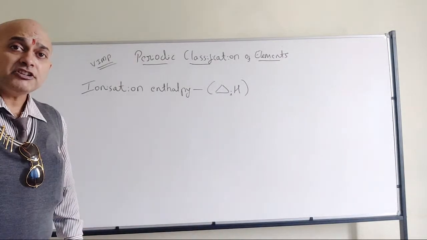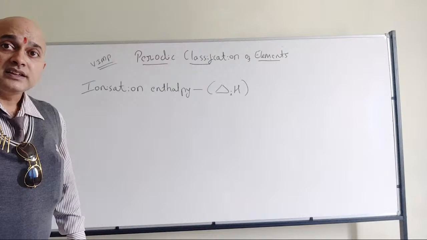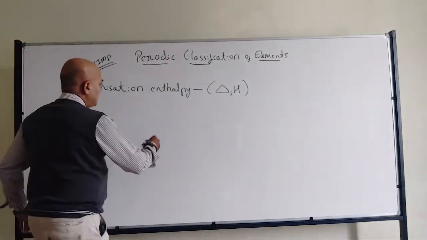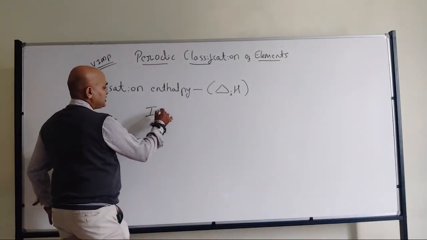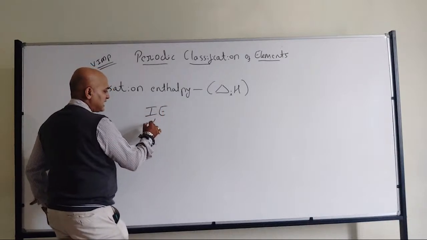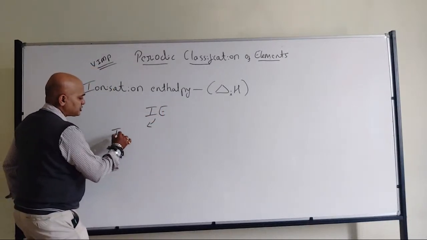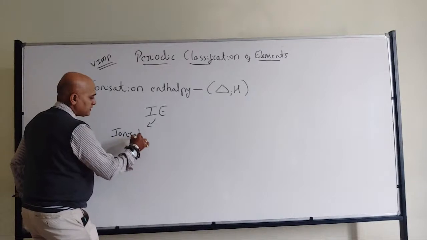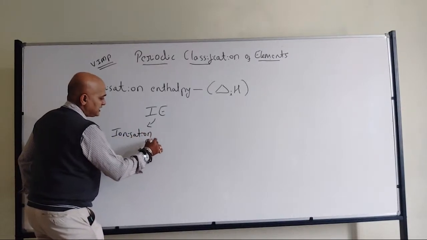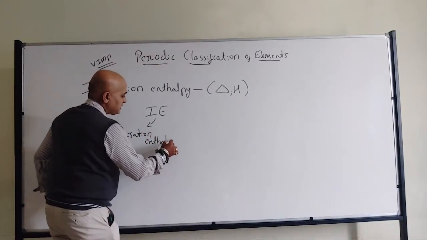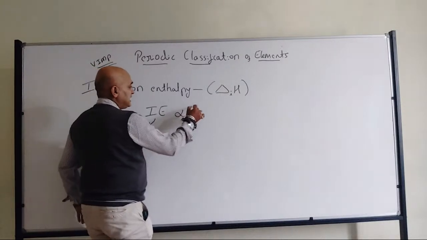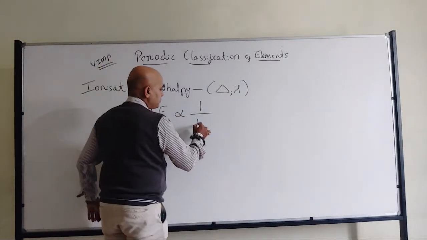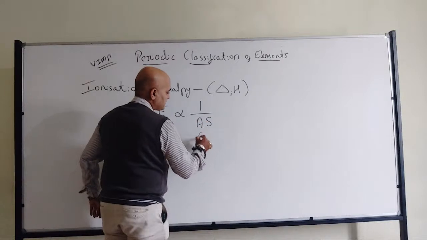All of you have understood? Now I can tell the relation between ionization enthalpy, IE stands for ionization enthalpy. Ionization enthalpy is inversely proportional to atomic size.